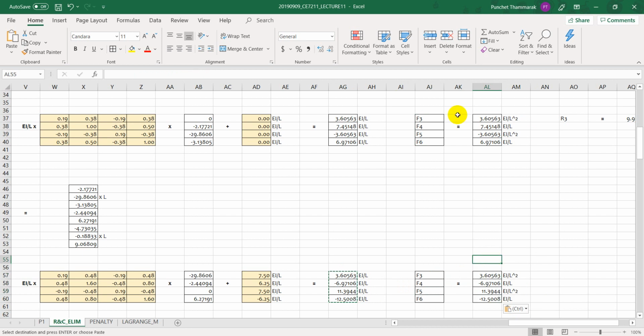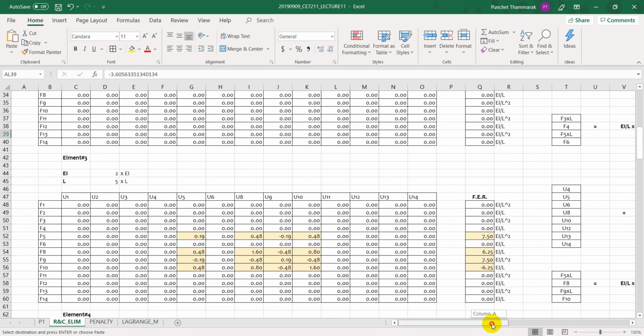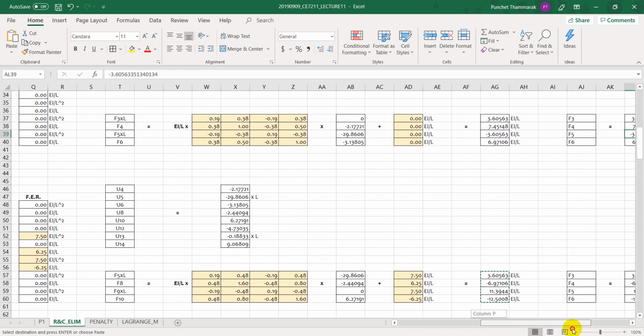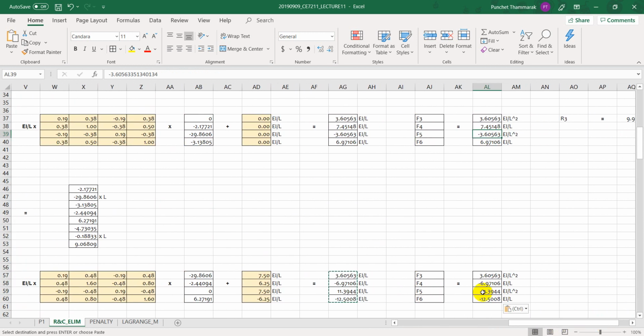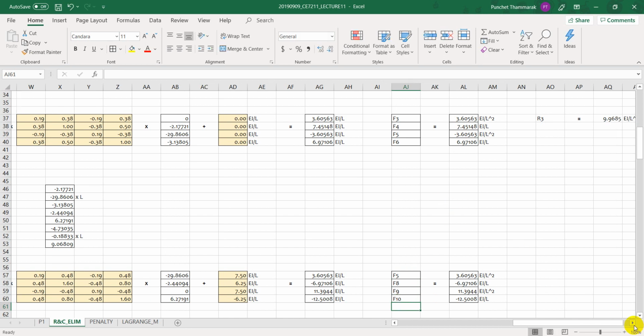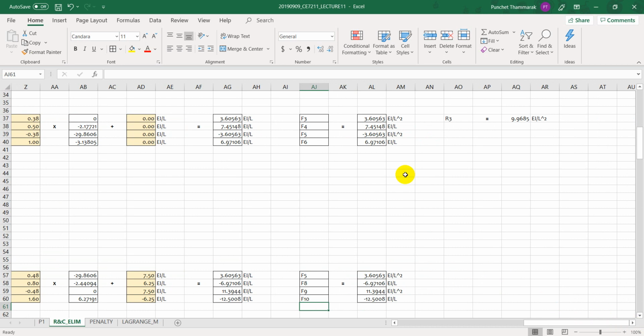And this is what, F5, 8, 9, and F10. Okay, so now it is beautiful.